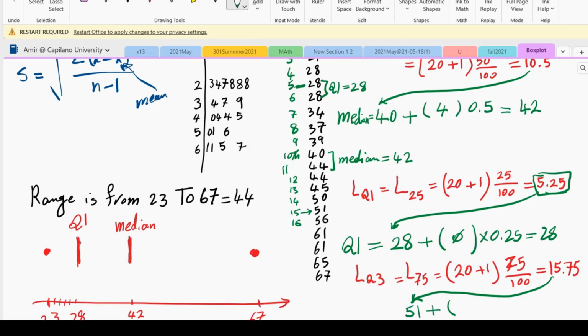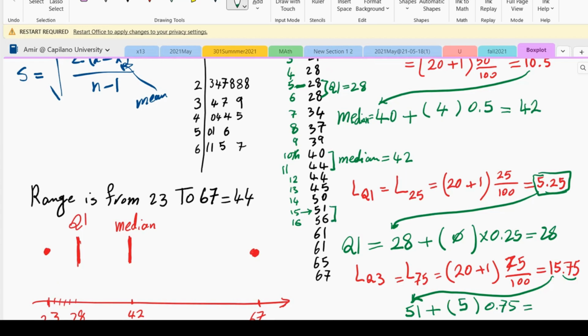Then I have to go 75% of the distance between the 15th observation and the 16th observation. How much is the distance between the 15th and 16th observation? 5. Very good.